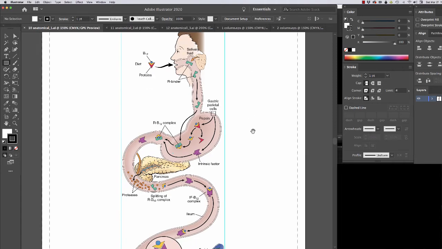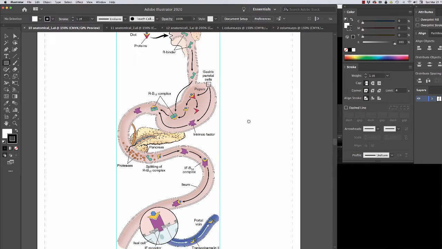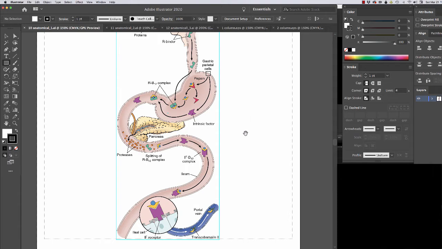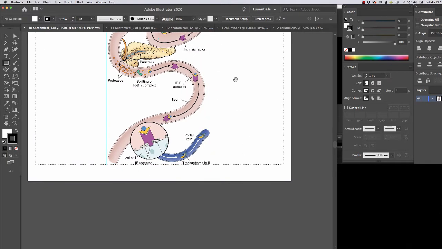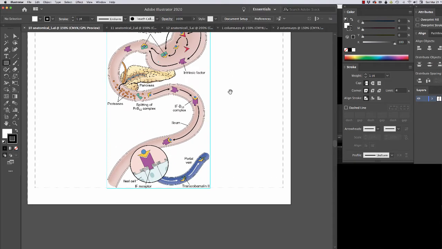It's highly schematic, but it gets the point across about how vitamin B12 is ingested and how it bonds with other factors to help transport it through the digestive system. And then ultimately you have this receptor that helps the vitamin be absorbed into the hepatic portal system of veins and then be delivered to the liver and then eventually distributed throughout the body.